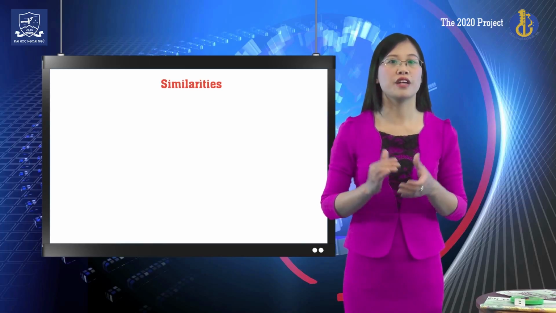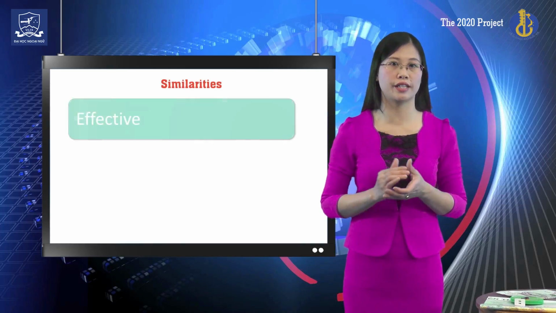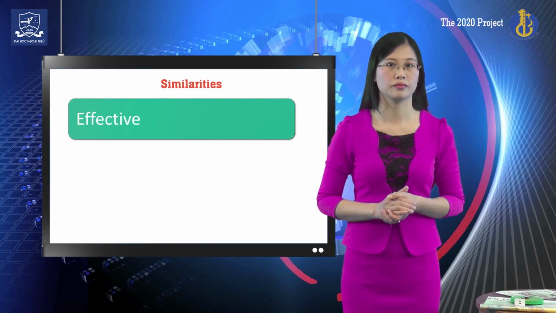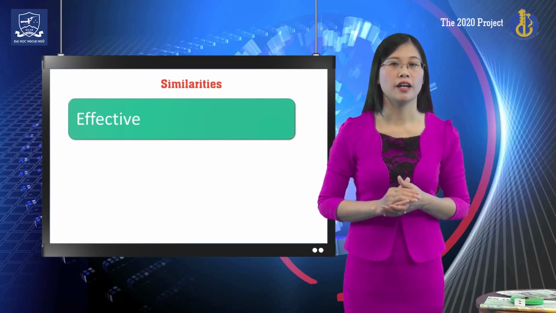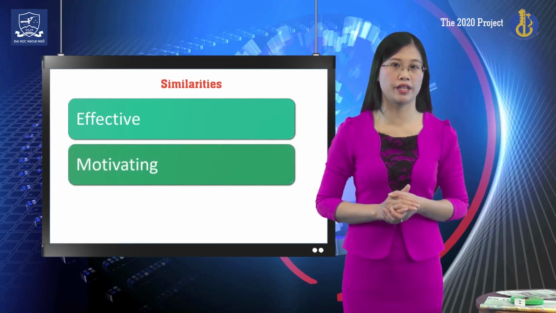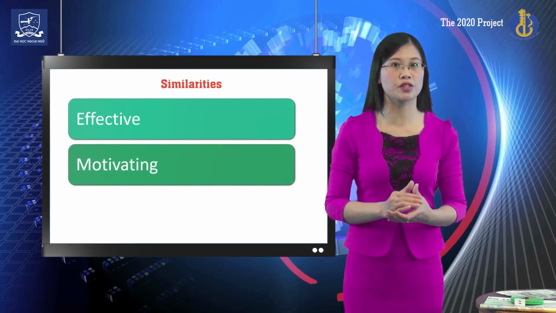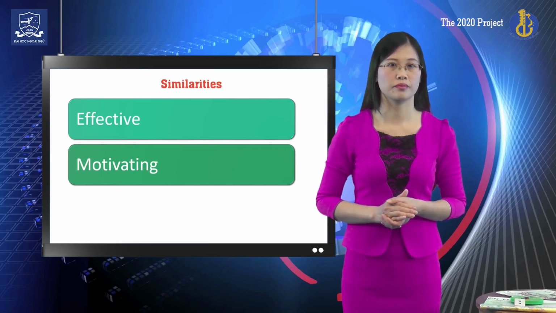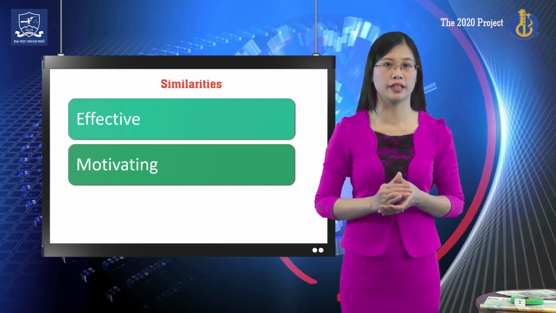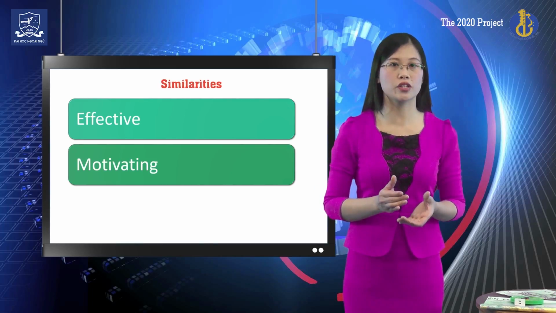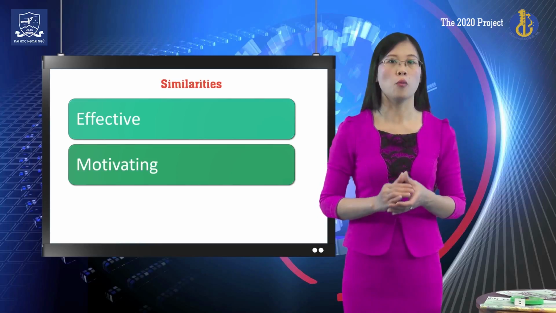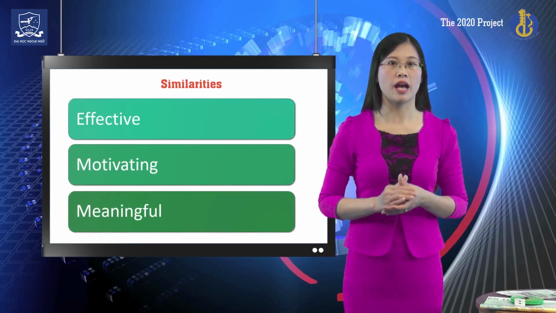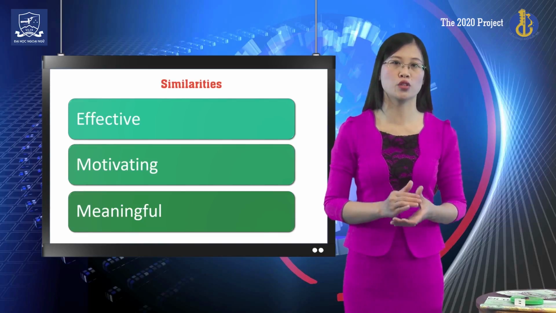First, they are both effective visual aids in language teaching and learning. Second, they are motivating visual aids which help increase students' overall participation. And finally, they make teaching and learning practices more meaningful because they are real objects and lifelike images brought to class.